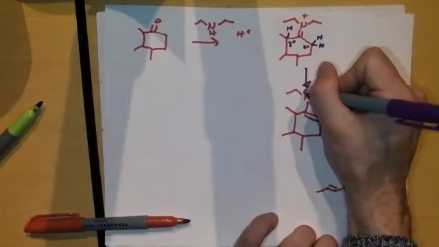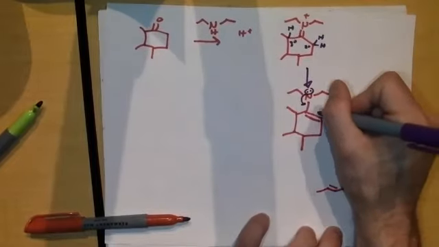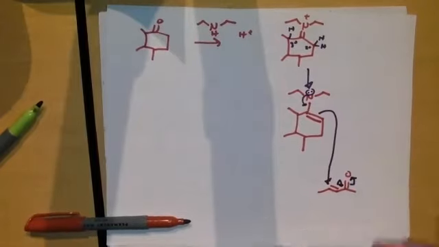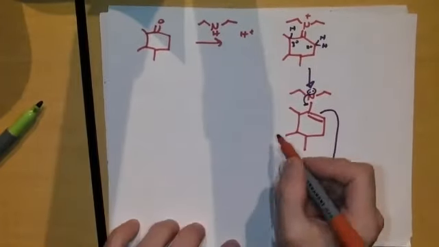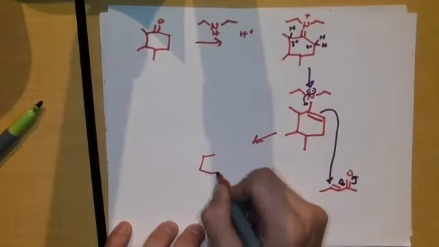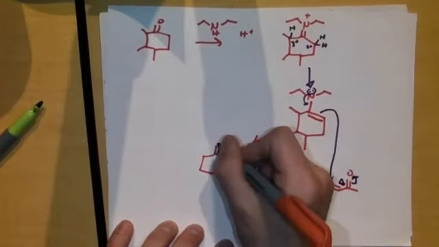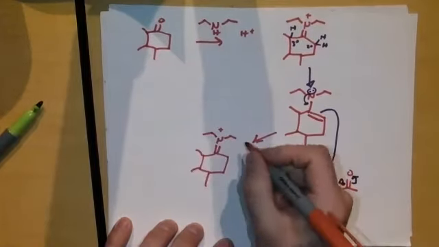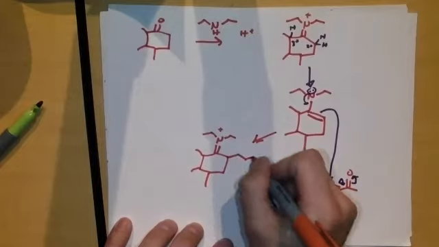Electrons from our nitrogen can reform that imine, do an attack. Alkylate at this less substituted position.